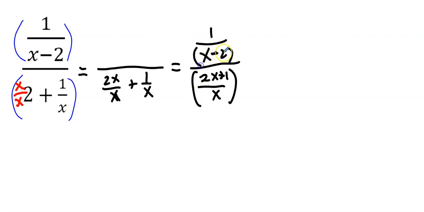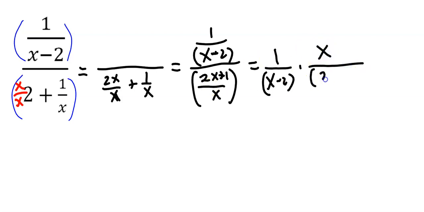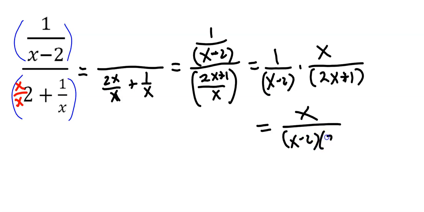And so now we can do our trick of 1 over x minus 2 times the reciprocal of that guy, which is x over 2x plus 1. Unfortunately, nothing cancels here. So you're just left with x over x minus 2 times 2x plus 1. But at least we got rid of the complex part of the fraction.